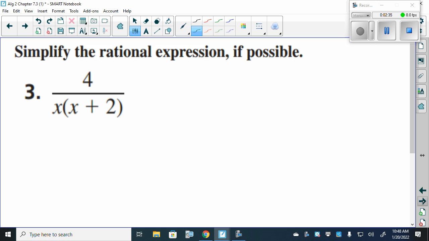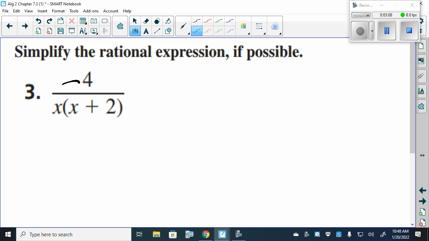We do see that there's a 2 here and a 2 here, but unfortunately, this x and 2 are connected with the x plus 2. X plus 2 is going to be one whole term. So we can't just simplify the 4 and 2, because it is not together. X plus 2 is together. It is one term.